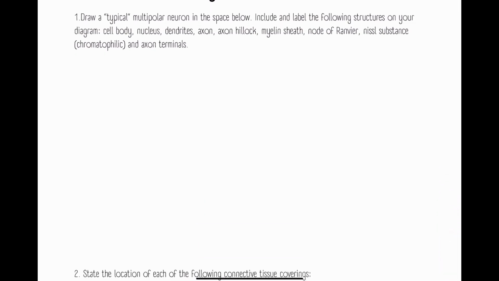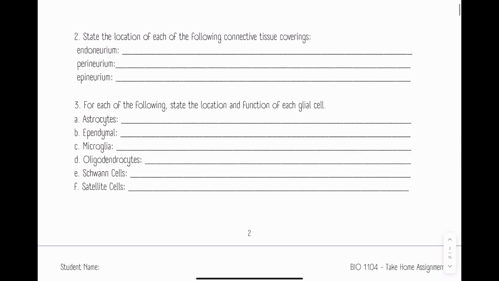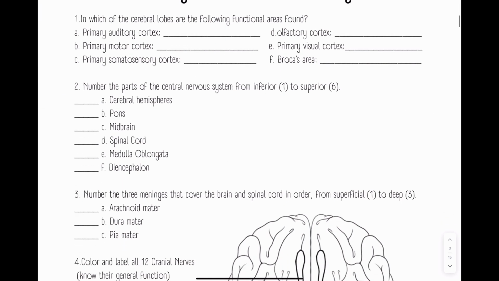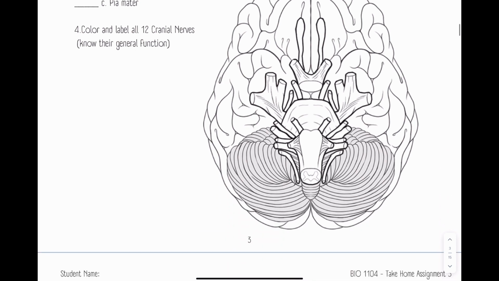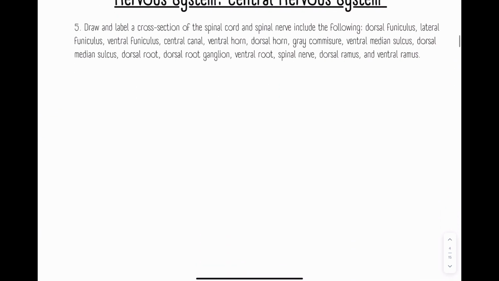you're just drawing, right, the neuron just like we did in lab. These answers, again, use your text to help you find the answers there. A lot of this we did in lab as well. This is that spinal cord drawing that we did in lab.